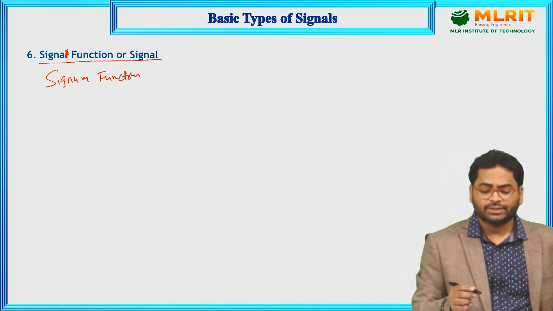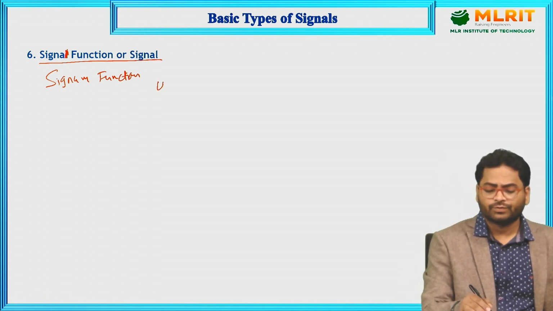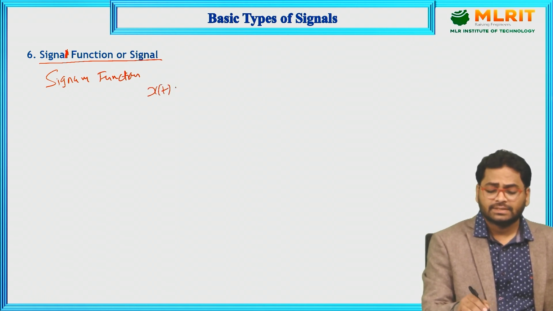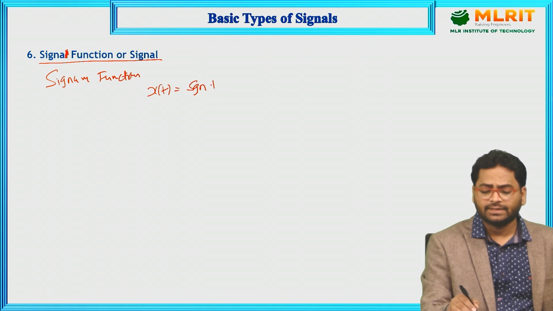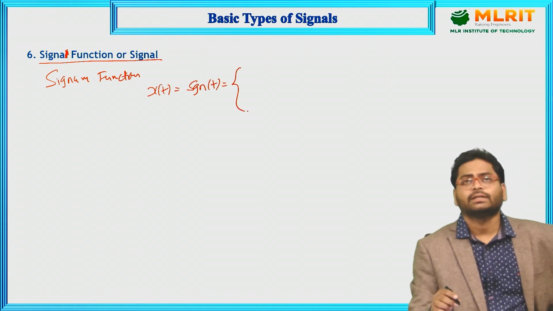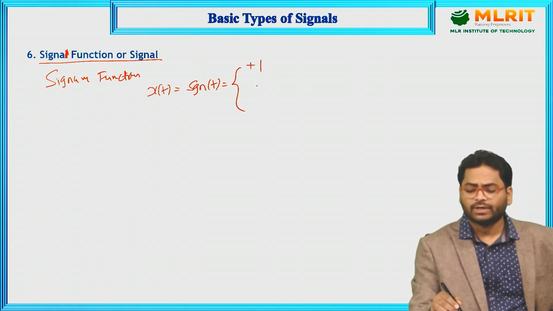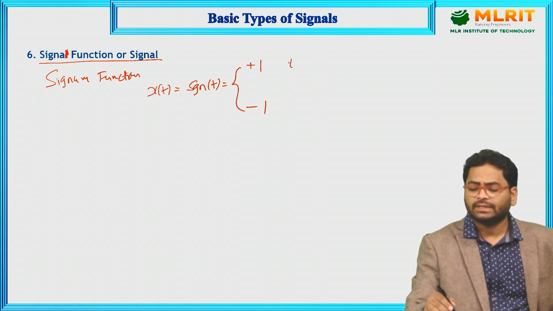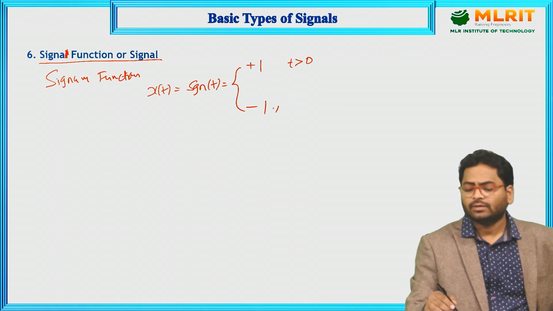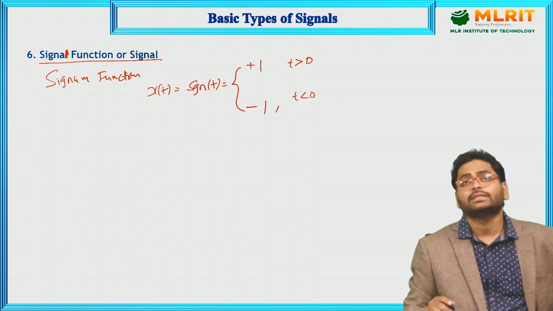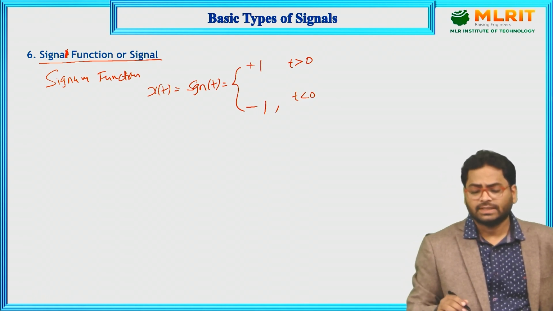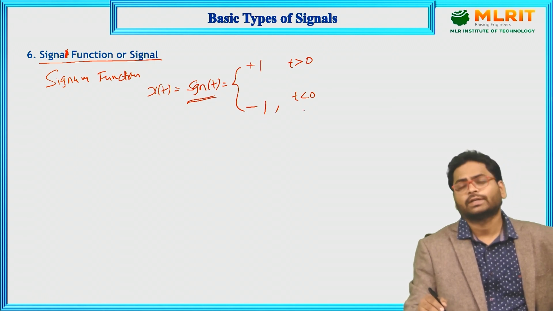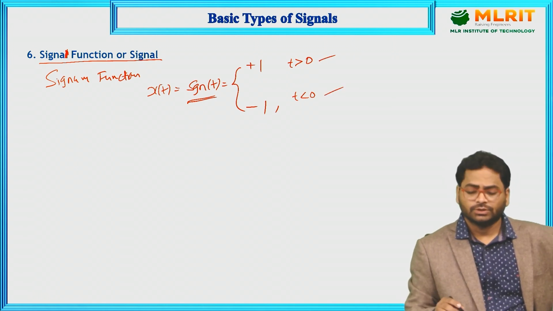You can represent it as x of t, or you can represent it as SGN of t, signum of t. So mathematically, signum of t has the values plus 1 and minus 1, these two values only. Plus 1 is for t greater than 0 and minus 1 for t less than 0. So these are the two cases.